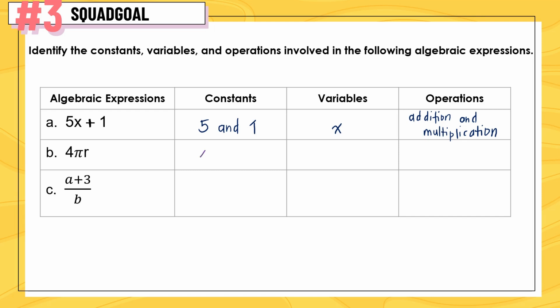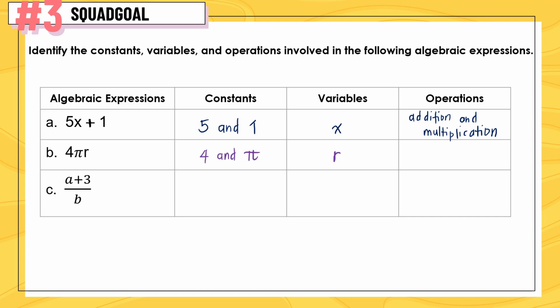We got 4 and pi, of course. The value of pi is fixed already, 3.14159, and so on and so forth, right? So here's your constant. For variable, we have the symbol r. And what is the operation that we use here?